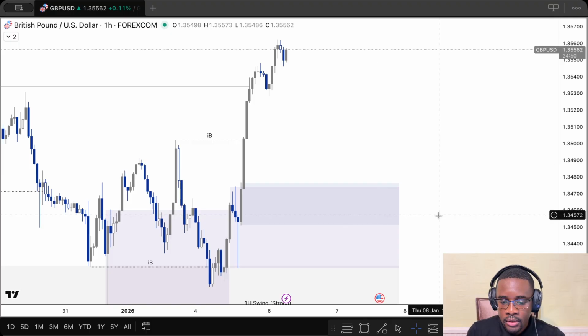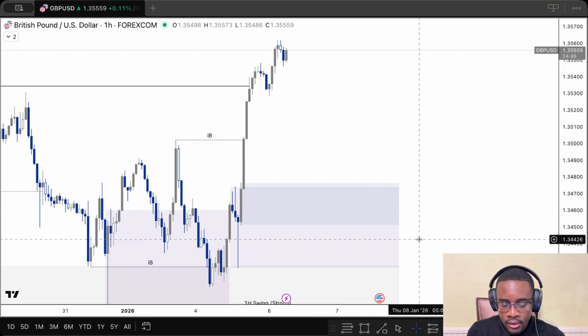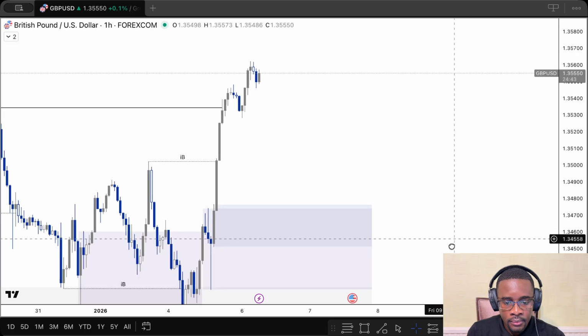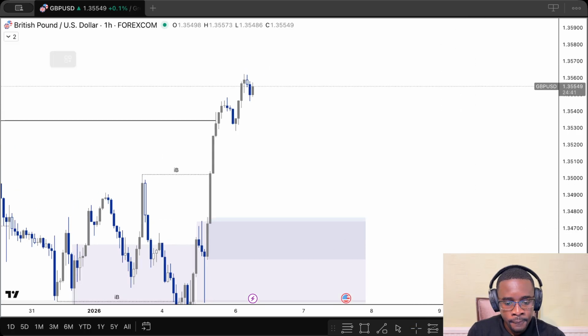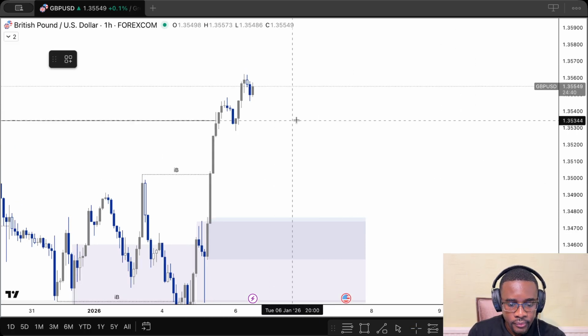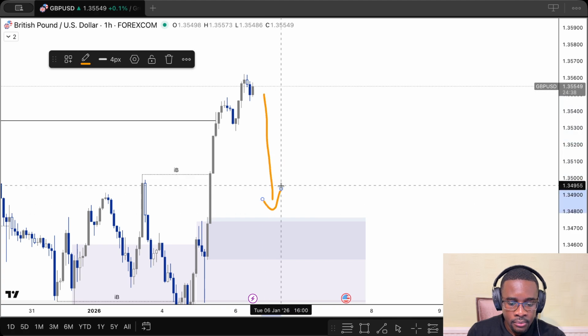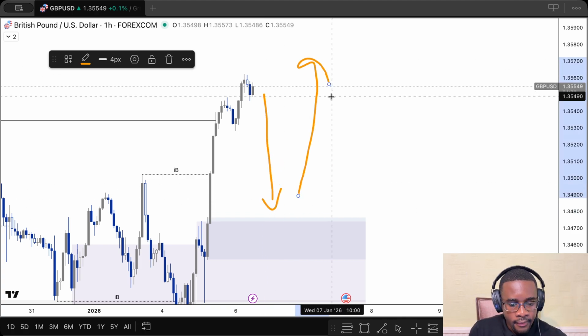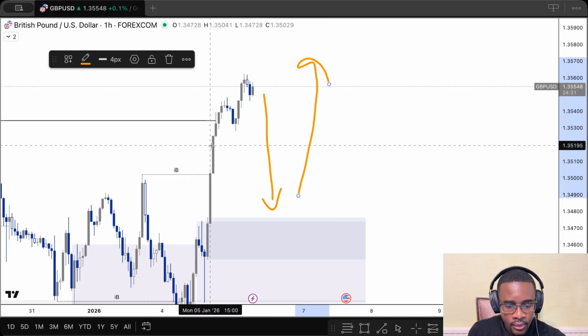Okay, so what we're looking at is, is price going to come back all the way down here to continue going long? I mean, I don't think so.